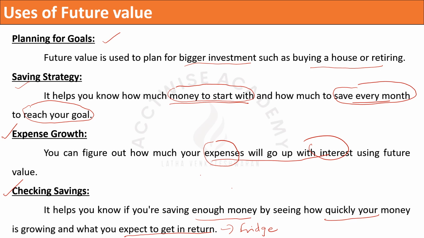Future value is like checking to make sure you are putting in enough money by looking at how fast your piggy bank is getting fuller and thinking about how much you want to have in the end. So how quickly your money is going to grow and how much I am going to have in the end. So we are making sure that for the fridge we are going to buy, we have enough money saved in the piggy bank.